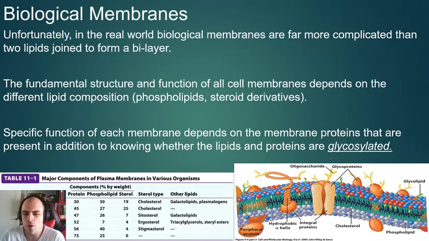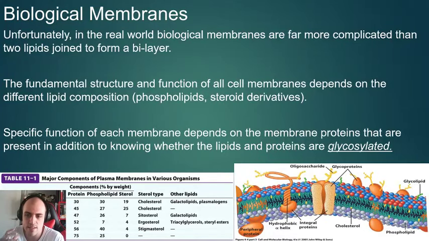This changes not only by cell type, so if we were to compare, say, skin cells versus skeletal muscle versus smooth muscle versus all these different types of cells found in the body, what we would find is that those plasma membranes will have a different composition. Not only that, but we also note that there are different lipid compositions for organelles inside of those cells.